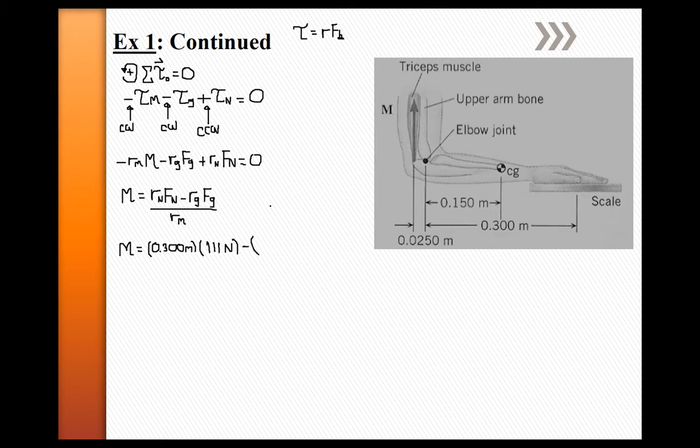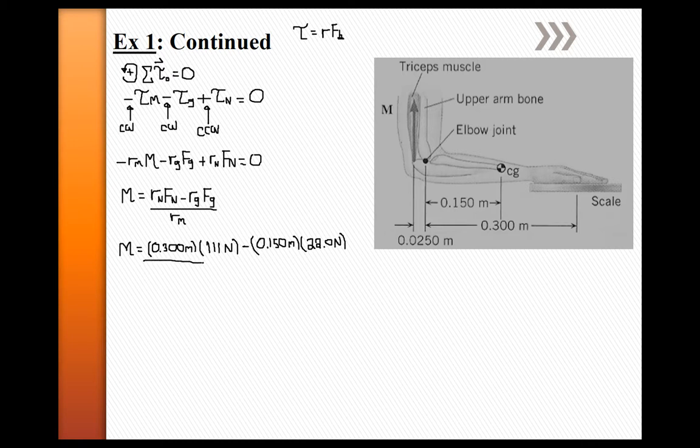Subtract. Rg is the lever arm, which is from the elbow joint to the center of gravity. So that's 0.150 meters. Multiplied by the force of gravity. I believe the problem tells us that the forearm weighs 22.0 newtons.